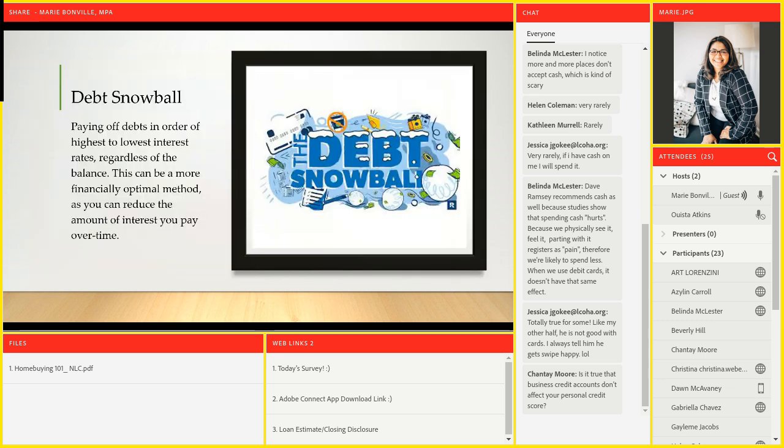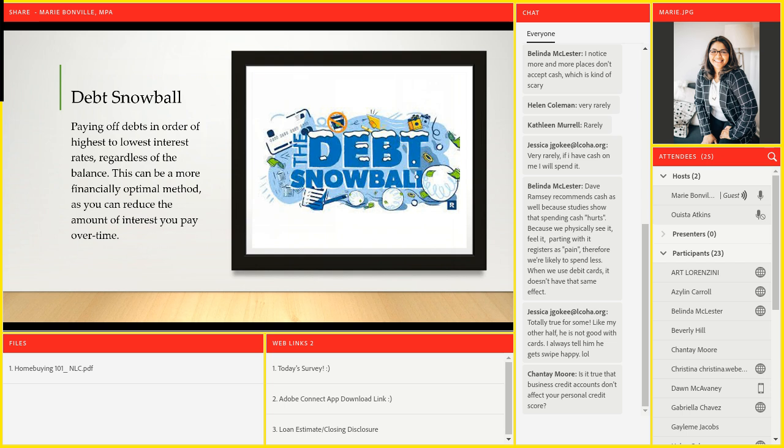The next one is a debt snowball, and that's essentially the traditional method, which is looking at your highest to lowest interest rate and deciding on which one makes more sense, right? So you start with your highest. Maybe that's a store card. Typically, store cards are anywhere between 29 and 30%. So you might want to start there, pay those off, and then move into those others.